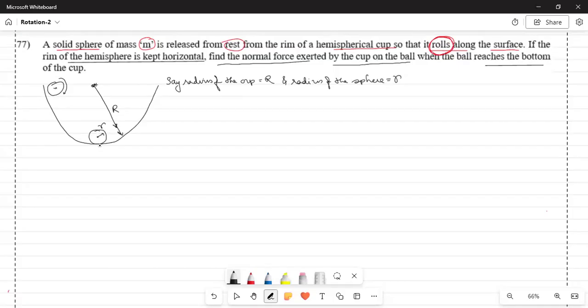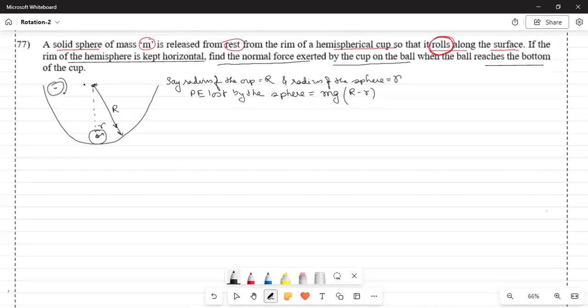We start from the energy. So the potential energy lost by the sphere is equal to mg(R minus r). Very careful. It is not mgR because the center of mass is here.